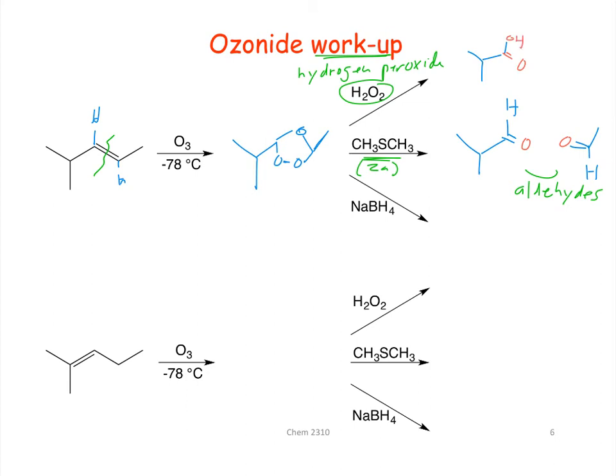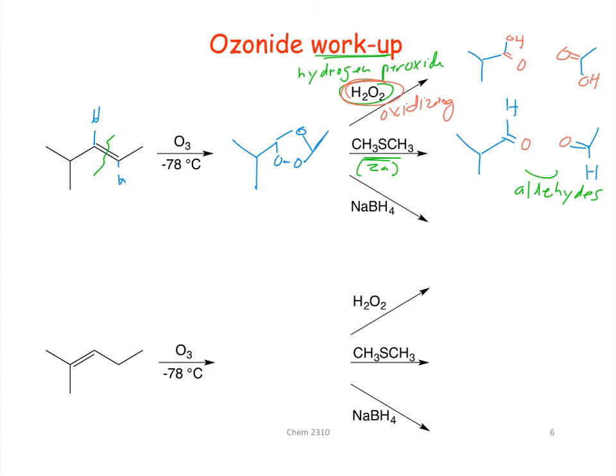So aldehydes get oxidized to carboxylic acids. So when we use hydrogen peroxide, this is oxidizing, and we get the carboxylic acids. Well, we'll do that down below.